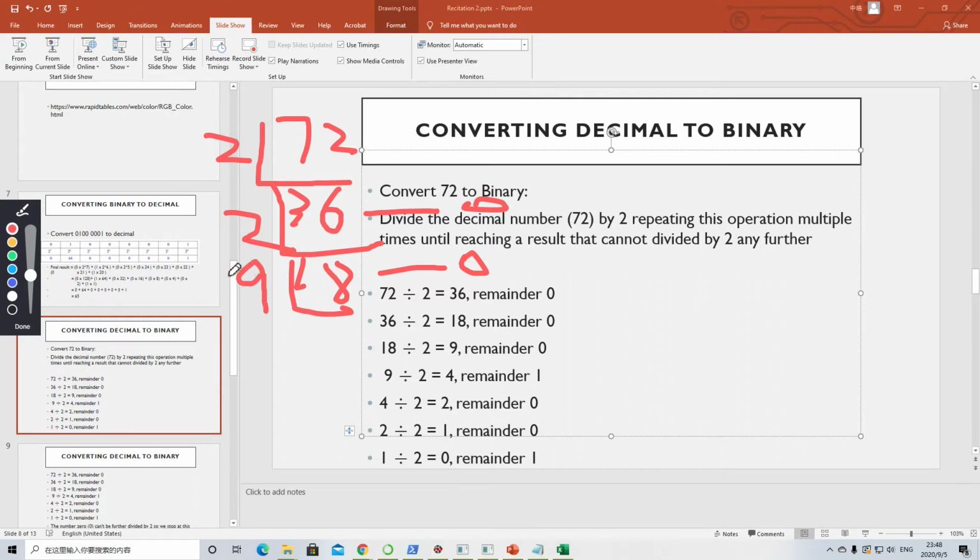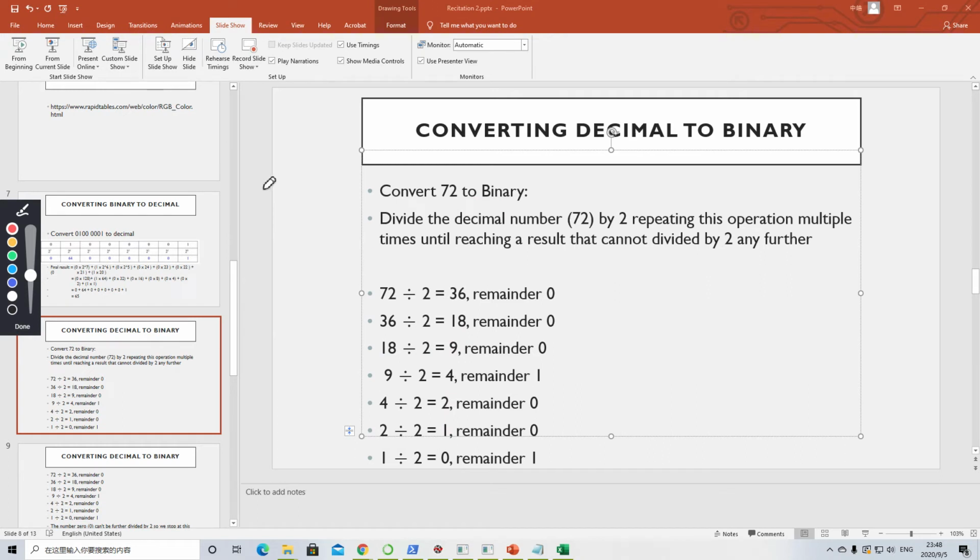36 divided by 2 is 18, remainder 0. 18 divided by 2 is 9, and the remainder is also 0. 9 divided by 2 is 4, but the remainder for this one is going to be 1, because 2 times 4 plus 1 equals 9, right? Or let's do this again.